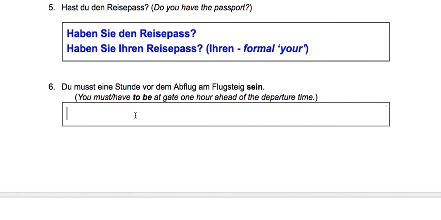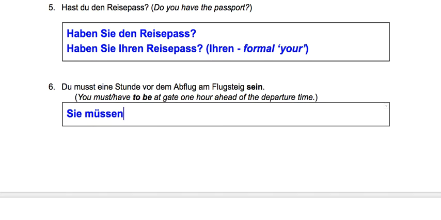Number 6. Du musst eine Stunde vor dem Abflug am Flugsteig sein. You have to be 1 hour before your departure time at the gate. Remember, two verbs, müssen, sein, means must be. Well, sein has to go at the end because it is the second verb. You are going to say Sie müssen.